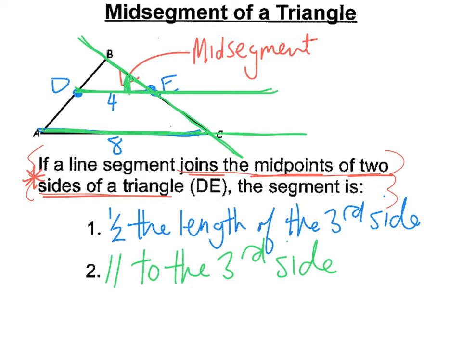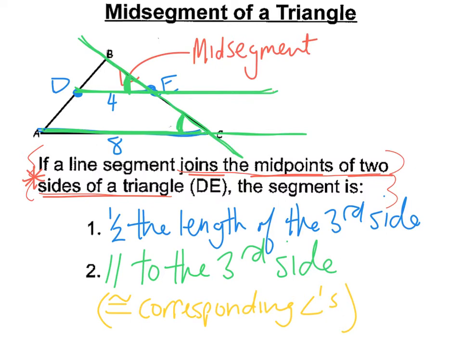So something like that and like that. Those angles, you should remember, are called corresponding angles. So we're just going to jot that down, that this second relationship will help us get congruent corresponding angles. And that obviously is going to come in real handy when we're solving problems with angles and midsegments.